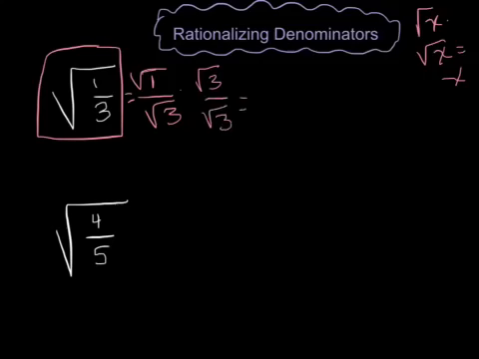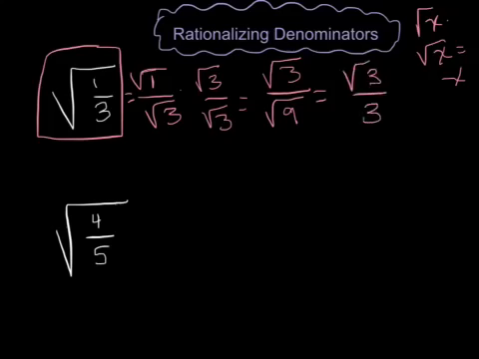What this will give us is radical 3 times 1 in our numerator, which is radical 3, and radical 3 times radical 3 in our denominator, which is radical 9, which we can simplify to 3. And now we've got an equivalent fraction. Radical 1 over 3 and radical 3 over 3 are equivalent fractions.